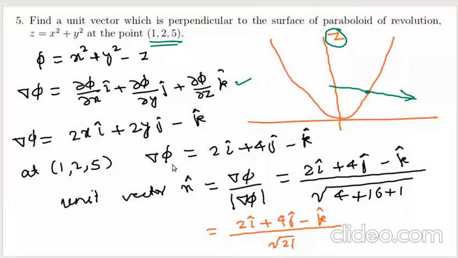And you have been asked for the unit vector. So the unit vector is obtained by dividing this vector by its magnitude, because the direction will be the same, but the magnitude should be 1. To keep the magnitude 1, we divide this by the magnitude of the vector. So this will be your normal unit vector, that is 2 i cap plus 4 j cap minus k cap, divided by the square root of 21.